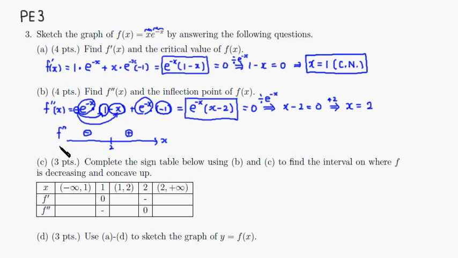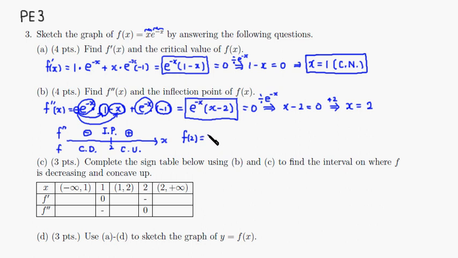So the original function f is concave downward before 2. After 2, it's concave upward, which means there's a concavity change at x equals 2. So there's an inflection point at x equals 2. We need to find the corresponding y value, so just plug 2 into the original function.